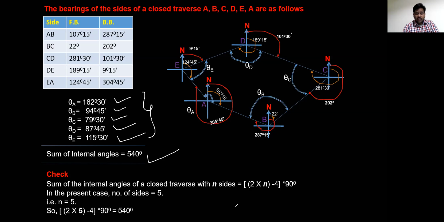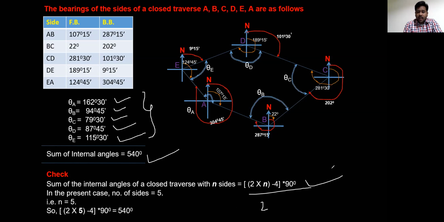So the formula to check whether your calculated interior angles are right or wrong is (2n minus 4) into 90 degrees. This is the formula.